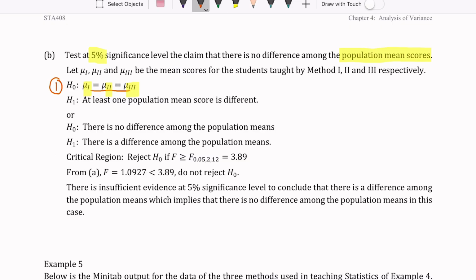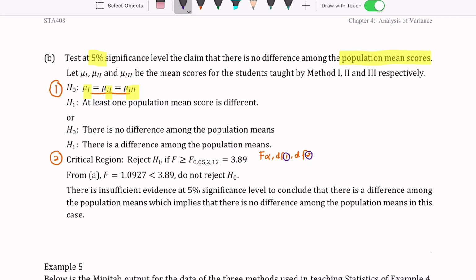Step number 2 is the critical value. Our critical value is given by F, alpha, degree of freedom 1, and degree of freedom 2. Degree of freedom 1 here refers to the degree of freedom of our numerator at the top, and degree of freedom 2 refers to the degree of freedom at the bottom, or denominator.